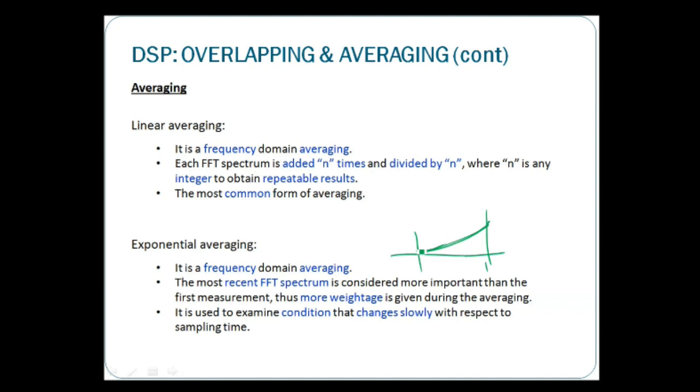You give a higher weightage. Basically, you multiply with that higher weightage of 0.9 on your new one, and 0.1 on the old one. The new one you have 0.9, something like that.